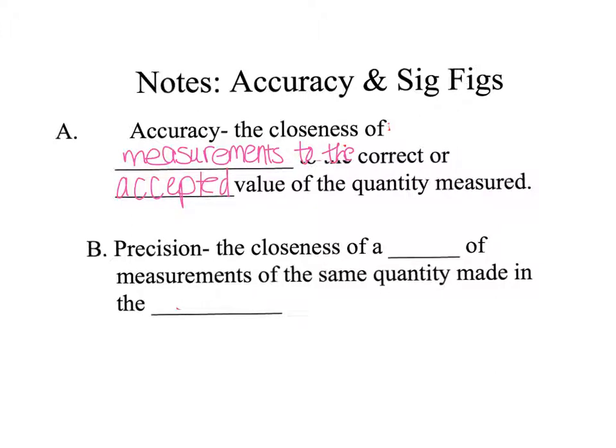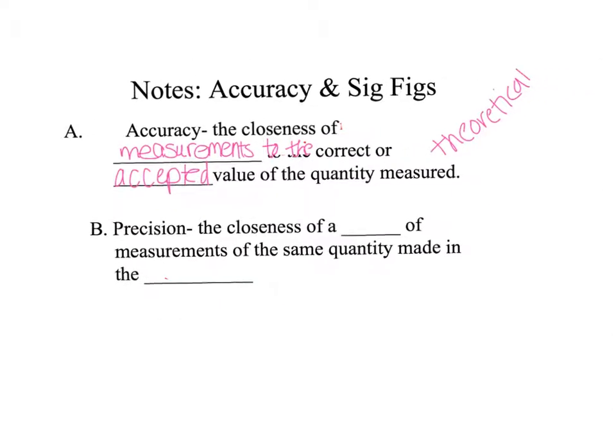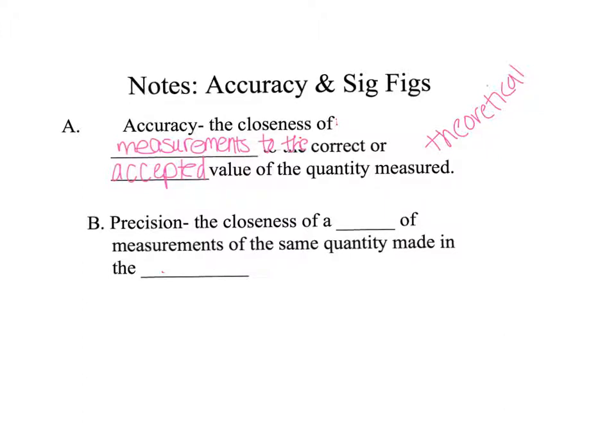And then you have a little room off to the right. I want you to write the word theoretical, because that's going to be the other word that you might see, especially my people who are going to continue on to physics. They usually use the word theoretical because you have to calculate stuff. So theoretical or accepted value.